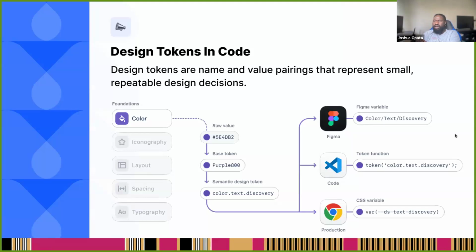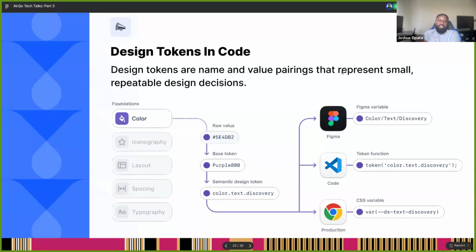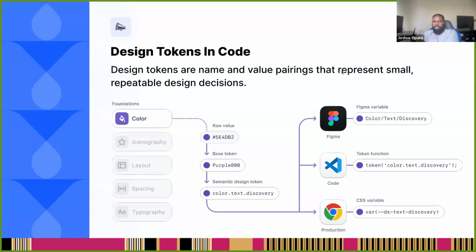But how do we have this in a way where we don't end up repeating code across these platforms, and then when there's a change, we struggle with find and replace or forget to change something somewhere? This is where design tokens come in, where all the platforms are speaking the same design language.